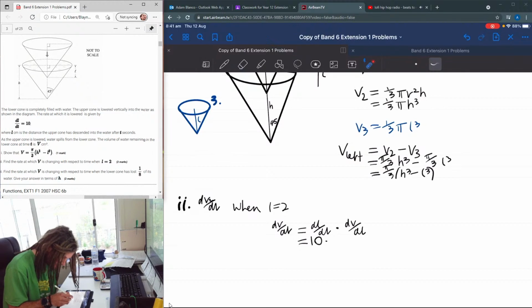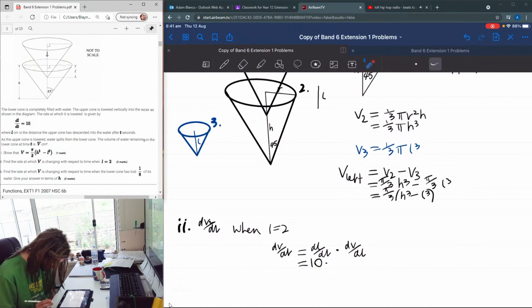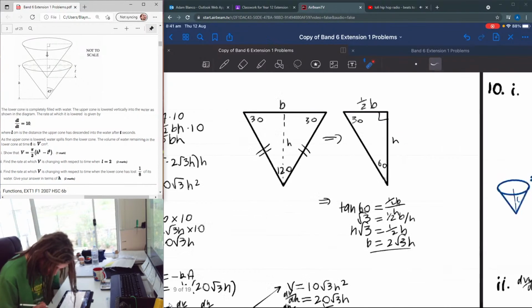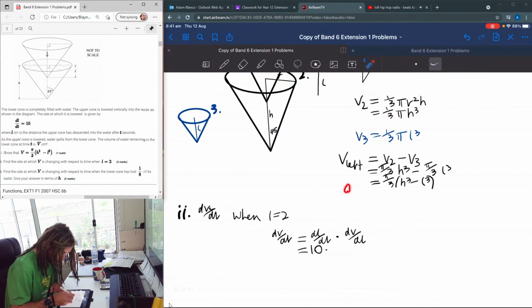So that's the derivative of this. So my hair was just moving my screen then. That's kind of cool. Anyway, so dV left dt, no, dL, I need to expand this.